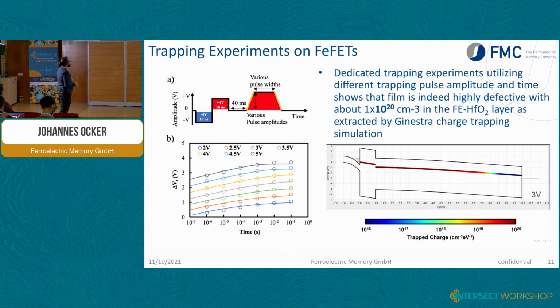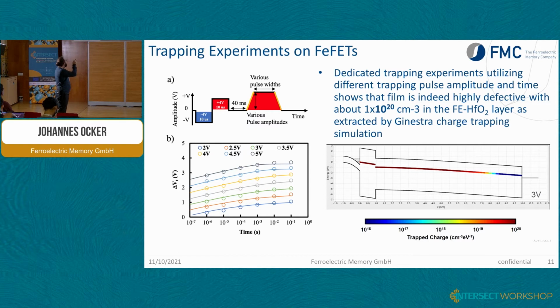All right. To further quantify the trapping in these FeFETs, we made a dedicated experiment just for the trapping, directly on the ferroelectric memory cell. So you apply a negative pulse and a positive pulse. This positive pulse brings it directly into the low conductance state.